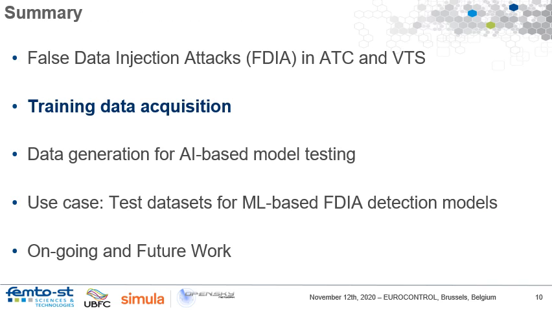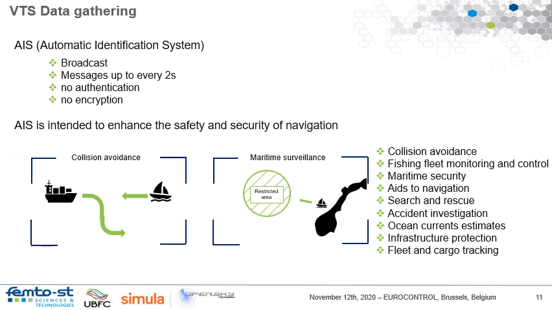But first, before talking about the data generation, we'll talk a little bit about the training data acquisition. Regarding the AIS data gathering, the AIS, the Automatic Identification System, is a broadcast protocol, just like ADSB. Its messages are sent every 2 seconds to 5 or 10 seconds, even longer depending on the speed of the boat.